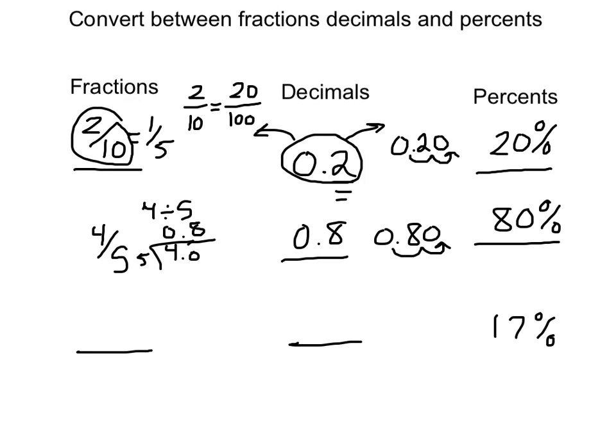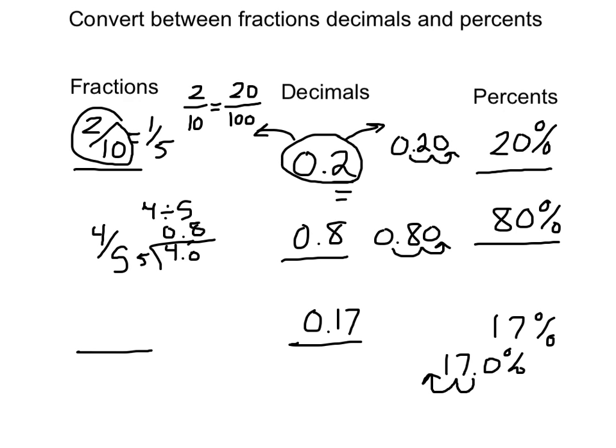Okay, now if I need to work backwards, 17%. If I want to convert a percent, it's 17.0% back to a decimal, I'm going to move the decimal point 2 places back to the left, like I would do the opposite of multiplying by 100 and divide by 100. 17% is 0.17.